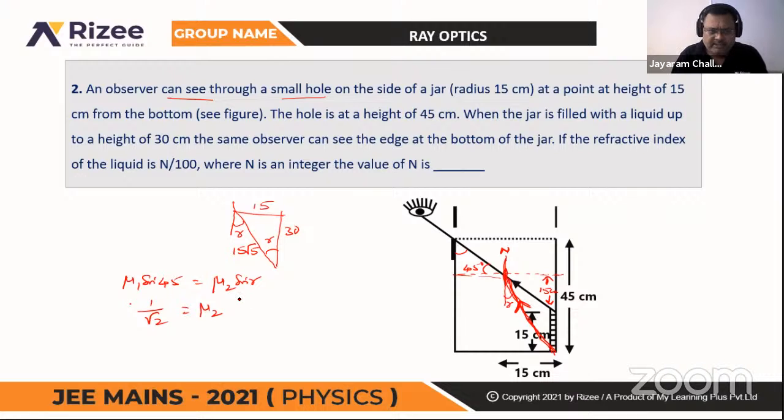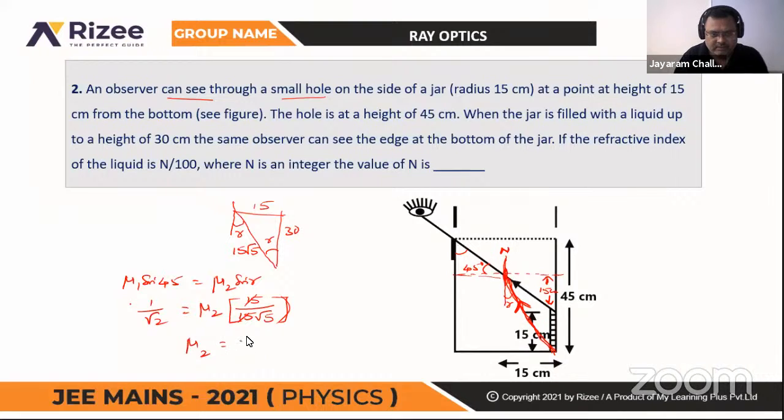From the diagram, the sine of r can be written as the opposite side 15 by 15 root 5. So the index mu2 is equal to root 5 by root 2, or combined, approximately 1.58. It should be coming out because it is root over 5 by 2, in the sense root over 2.5.